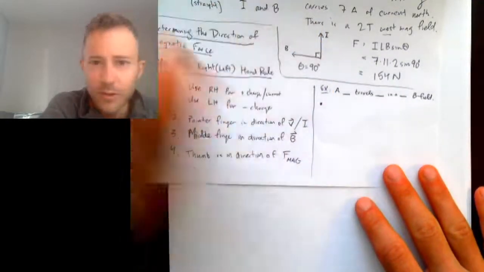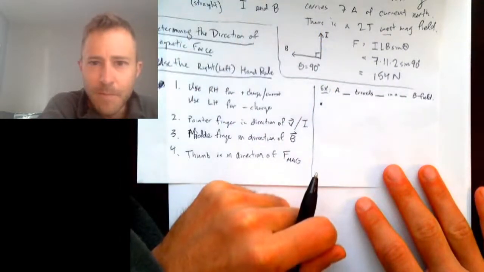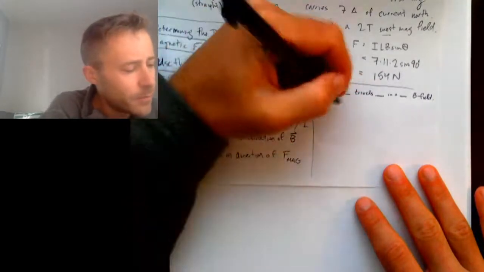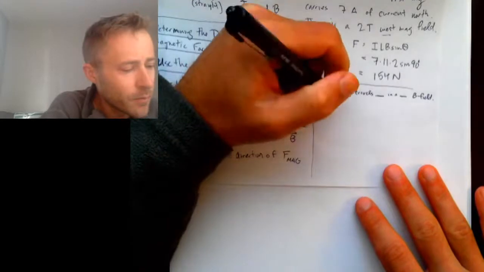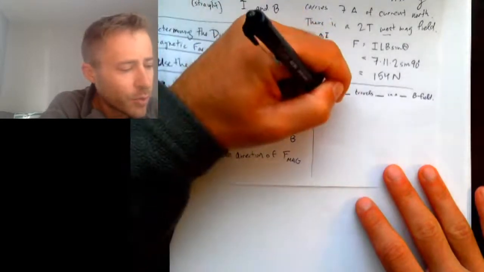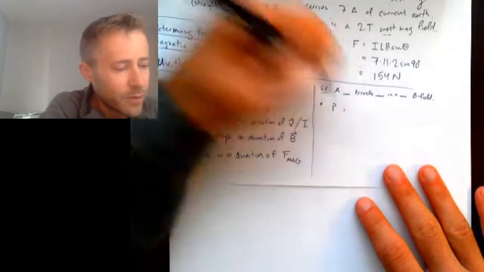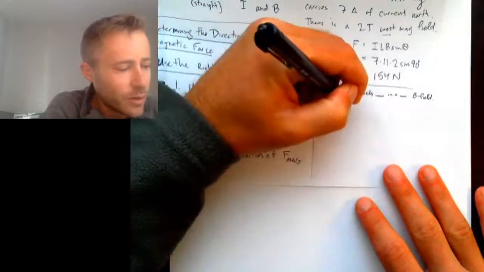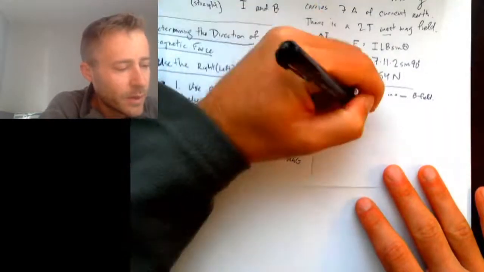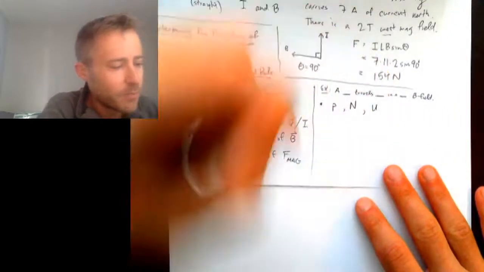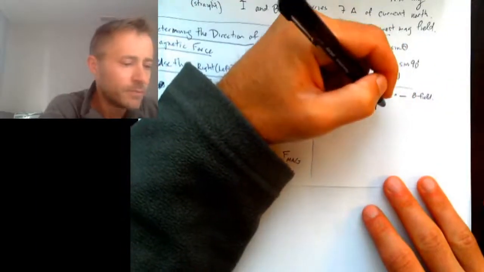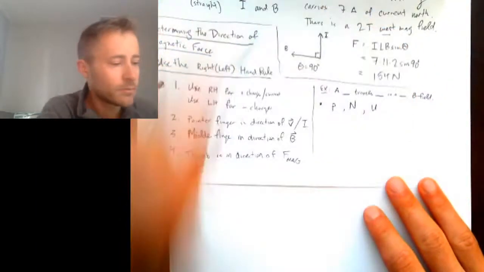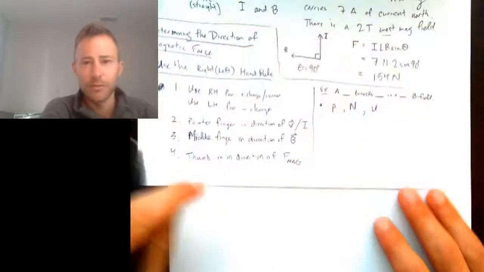So let's suppose we have a proton that travels north in an upward magnetic field. What is the direction of the force in that case?